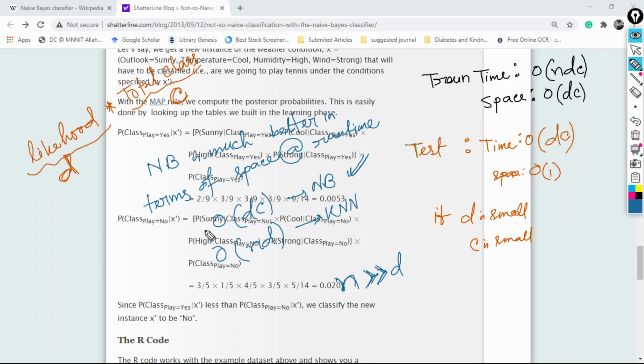For this reason, naive Bayes is a memory efficient algorithm at runtime.